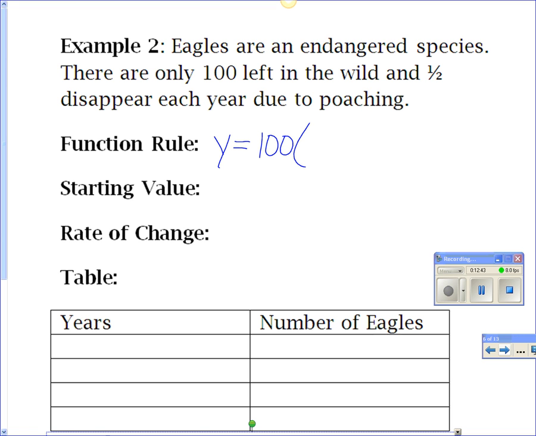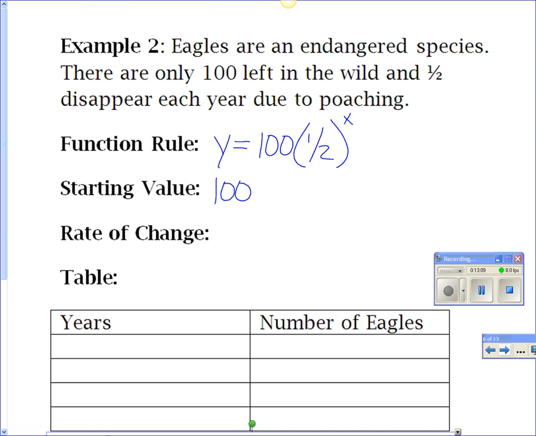This time, I don't use the 1 plus r or the 1 minus r. Is there a percent on this one? No. This one, you're just multiplying by what number? You're just multiplying by half, and you put the x up there. You only have to do 1 plus r or 1 minus r when there's a percent. All right, so what's my starting value? 100.